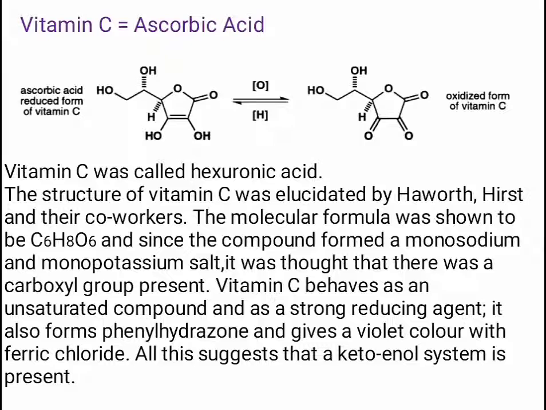Vitamin C behaves as an unsaturated compound and as a strong reducing agent. It also forms a phenylhydrazone and gives a violet color with ferric chloride. All this suggests that a keto-enol system is present in vitamin C, or ascorbic acid.